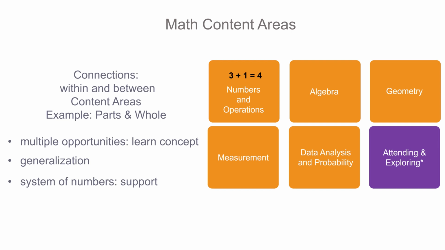In algebra, I use the concept of parts and whole to solve an unknown. And of course, it relies on that idea that I learned in numbers and operations. Now I'm applying it in algebra. Think about geometry. We talk about parts of a shape. I know parts of a shape are important in identifying like and unlike properties of shapes.